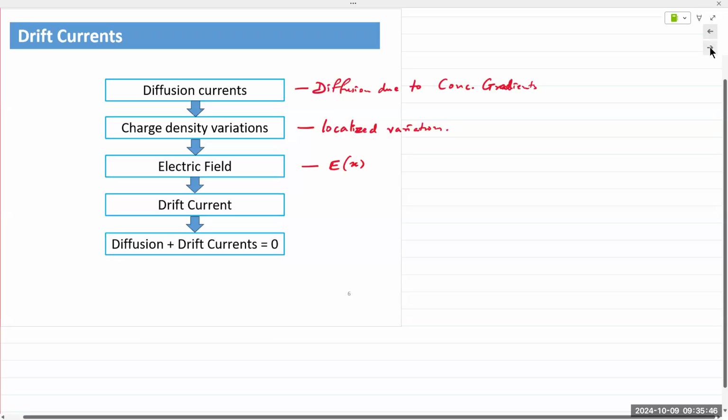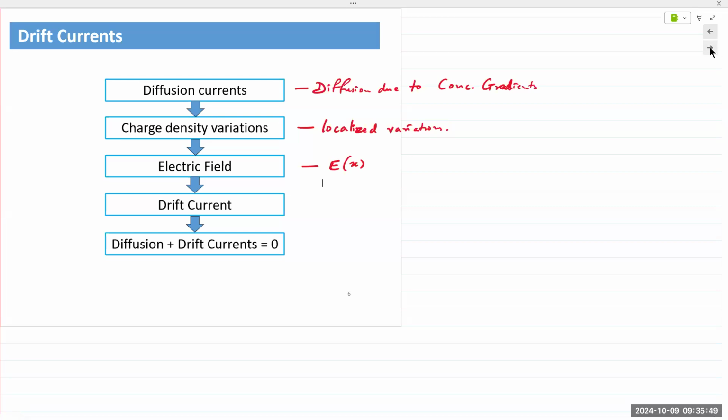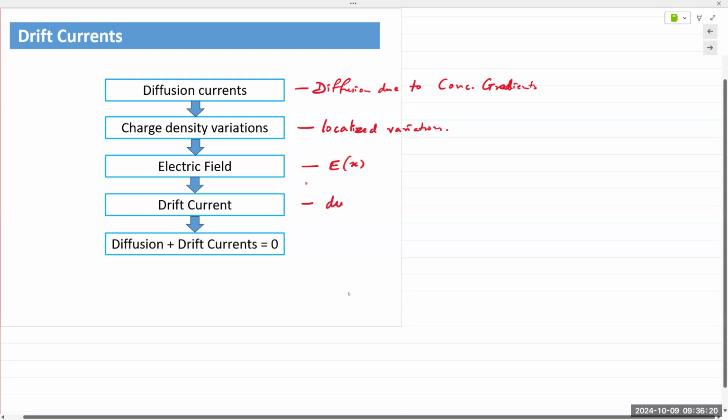And because there's an electric field acting at the junction, that gives rise to the other phenomenon of drift. Chapter 2 again. And that drift phenomenon gives rise to drift currents, and drift currents will be in opposition to the diffusion current, and both of them will act in opposition until a balance is reached, and that balance is equilibrium. Okay, so this is due to E of x, the electric field.